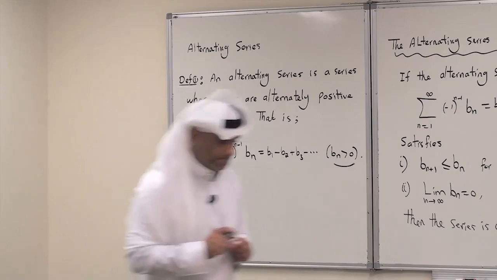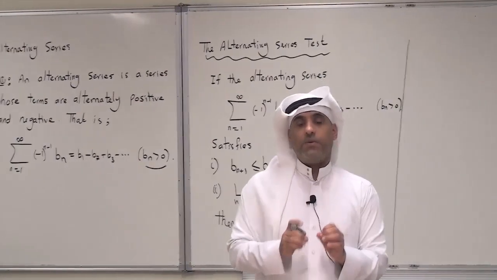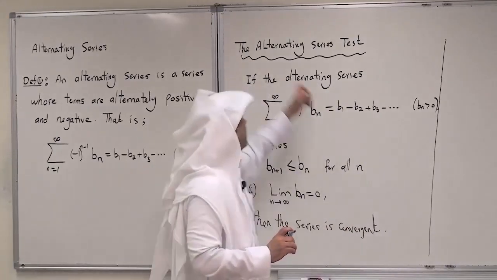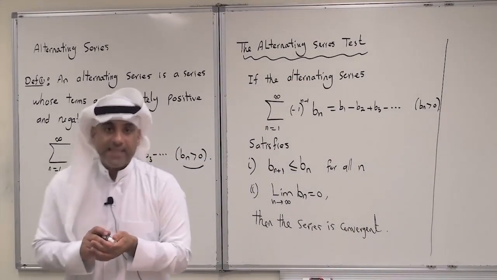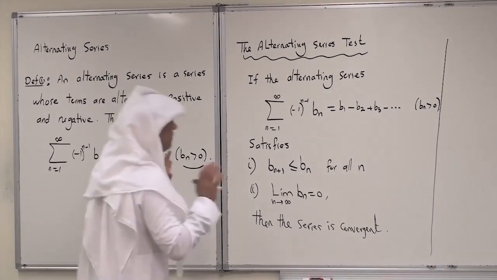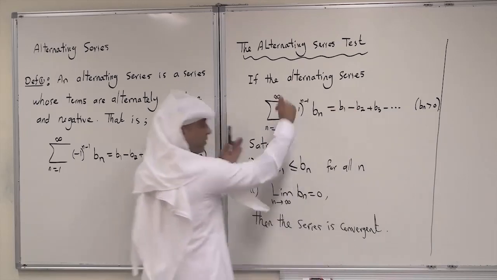The question is, how do we test this series for convergence? We have a very nice test called the alternating series test. The test says that to check convergence, first you need to have an alternating series, then you can apply the test.